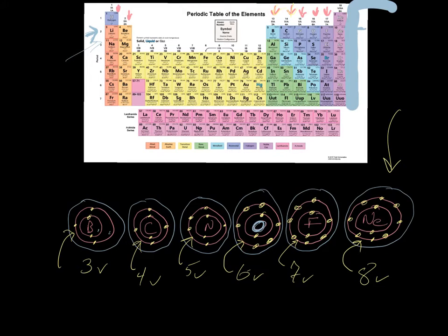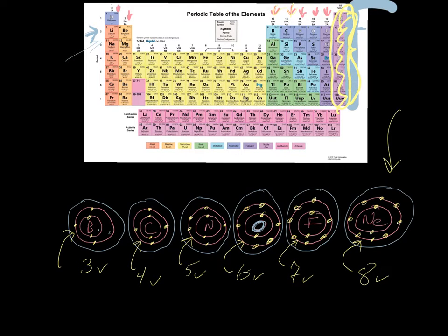So every one of these noble gases has 8 in the outer shell. So all of them are full. They don't really want to react. So that's really going to be key.